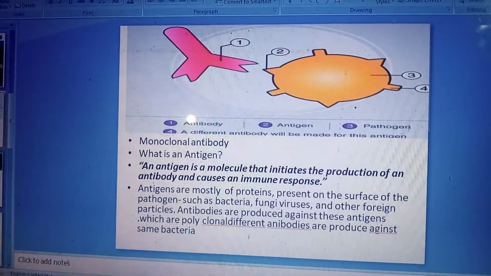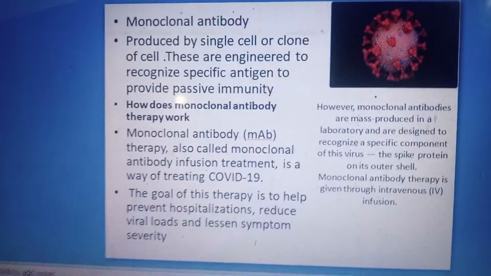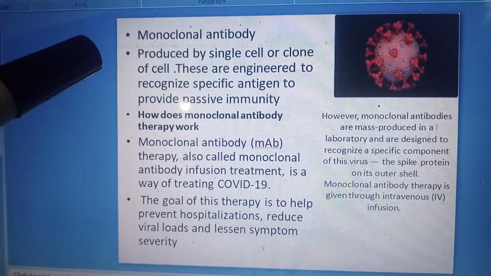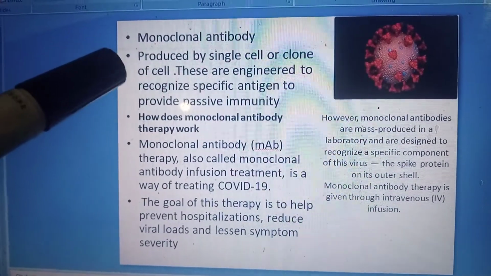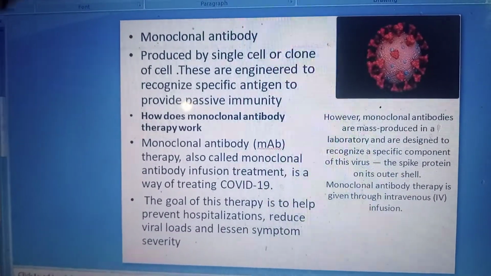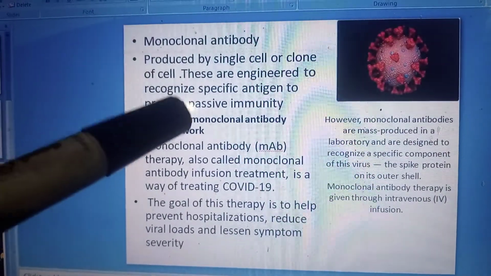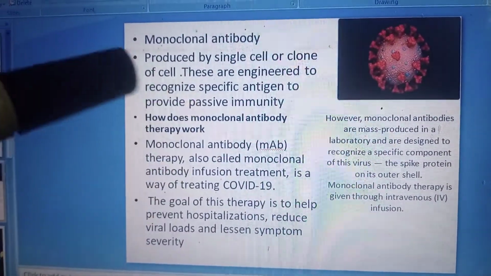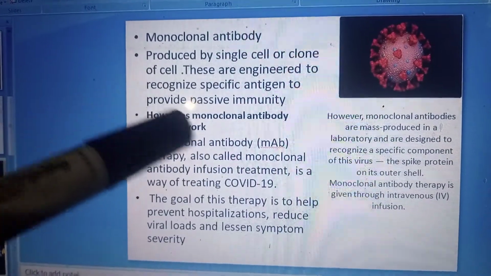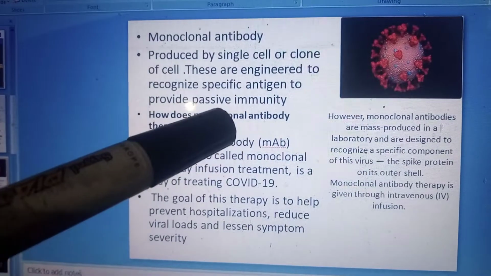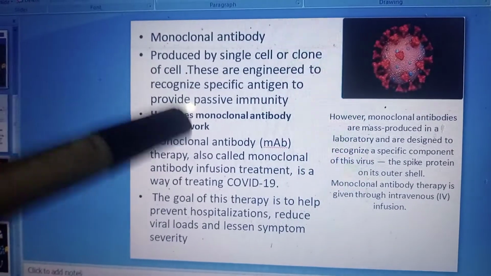Now, what is a monoclonal antibody? A monoclonal antibody is a type of antibody produced by a single cell or a clone of cells. Actually, these are genetically engineered antibodies, and they can recognize a specific antigen, and it provides passive immunity.